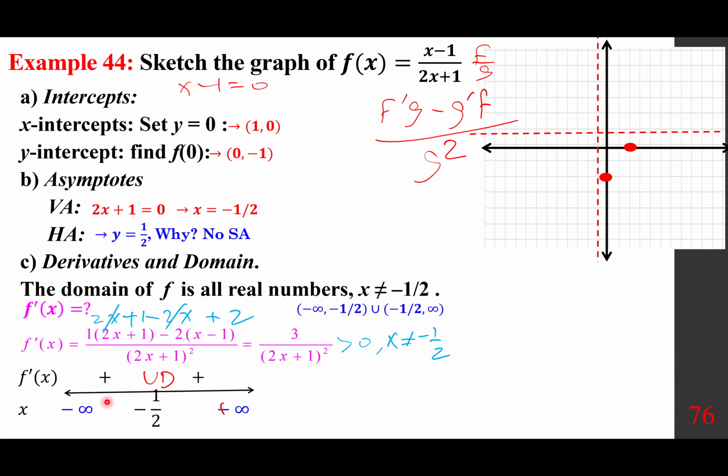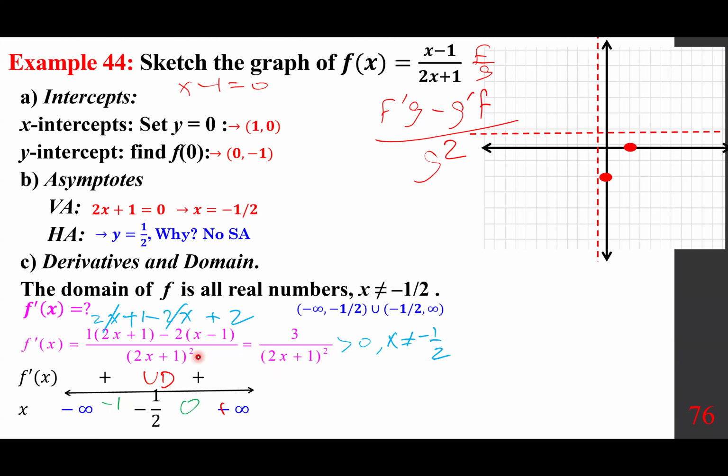If you pick a number to the left of negative 1/2, the easiest number would be, let's say, -1. To the right is 0. You plug in 0, you get 1 squared, and 3 over that is positive. If you put -1, the same thing is squared, which makes it positive. So both sides are positive, okay?